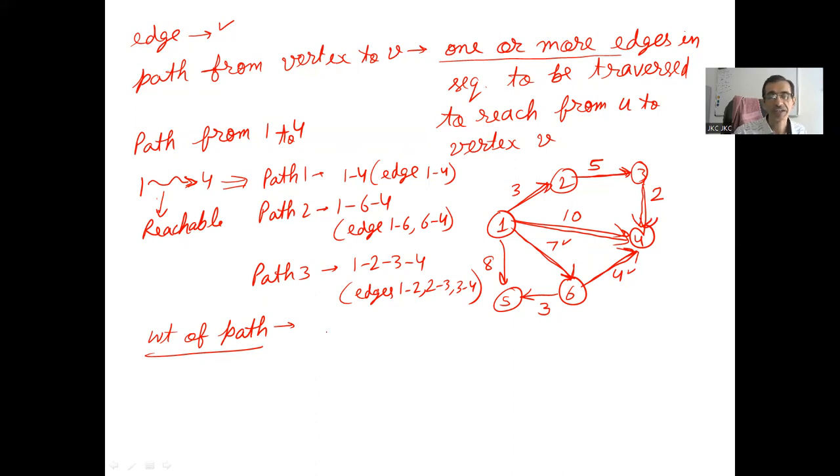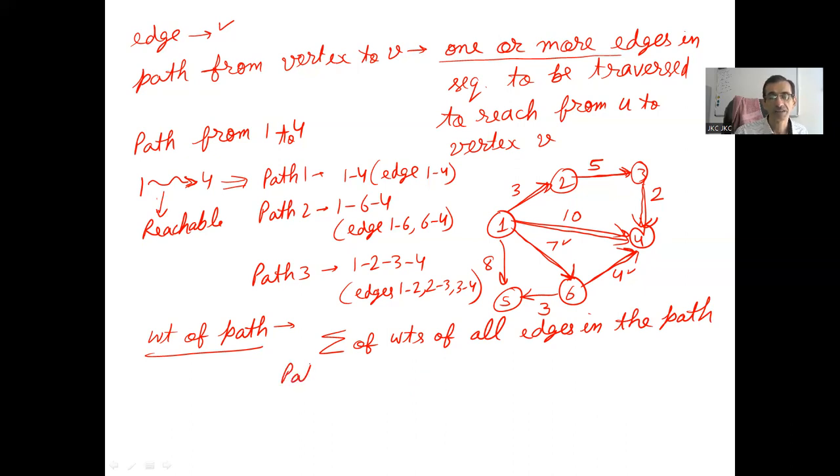So effectively weight means nothing but a summation of weights of all edges in the path. It is obvious. That will be the total distance traveled, and that will be called the weight of the path.